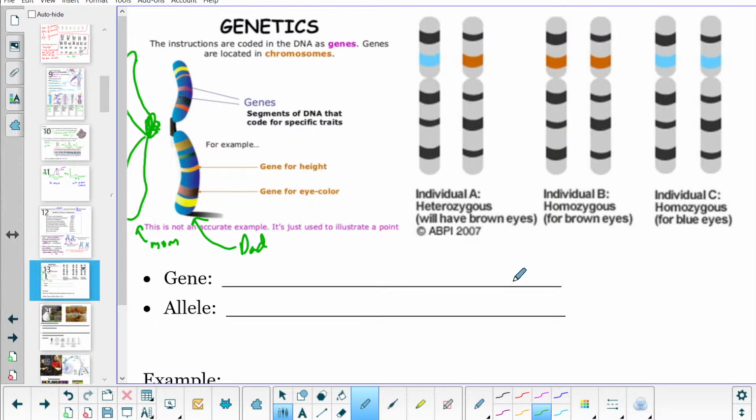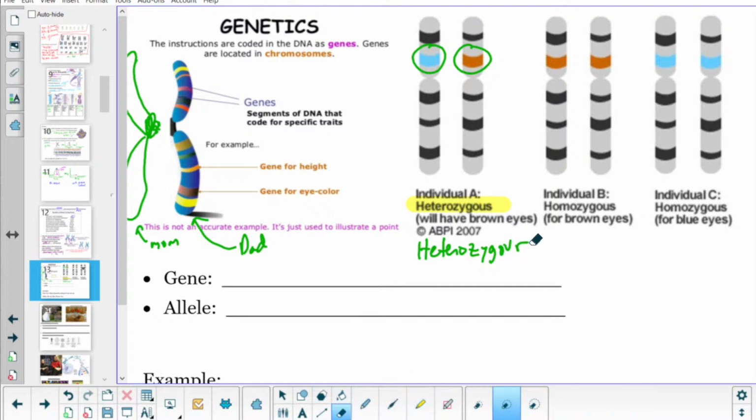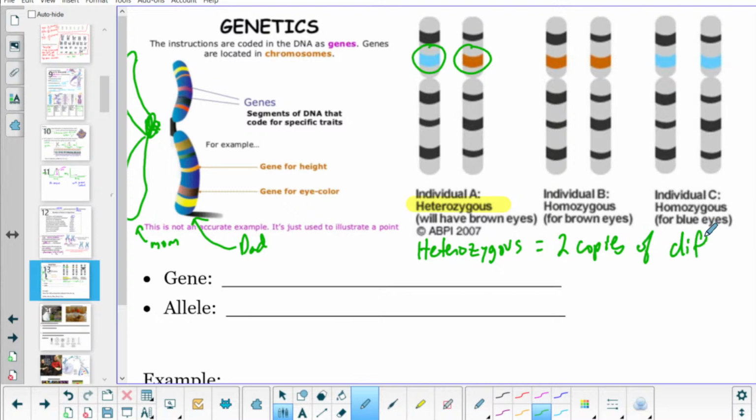Now, individual A, we have blue eyes, brown eyes. If you have both of those copies, then this person is heterozygous. Heterozygous means two copies of different genes.